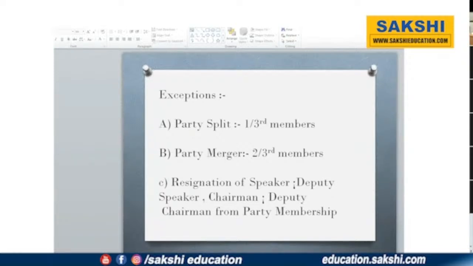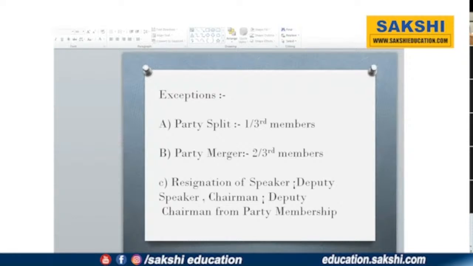The exception is that if there is a split in the party, that is, if 1/3 of the members of that particular party dissociate themselves from the political party to which they belong and form a separate group, then no action has to be initiated against the members of the separate bloc that has emerged from the split of the original party.